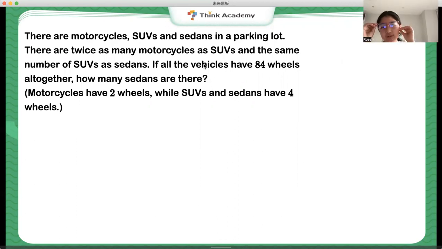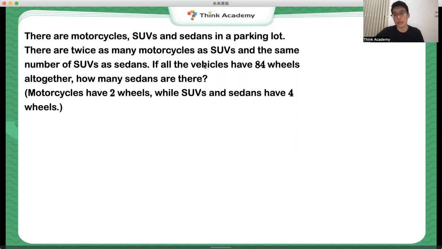Because each motorcycle has 2 wheels, but then there is double the amount of that, and each SUV and sedan is 4 wheels. So if you double it, then all 3 will be the same amount. Yeah, but then we're just looking at the numbers of each type of these vehicles. So obviously, according to the question, twice as many motorcycles as SUVs, which means that there's going to be more motorcycles than SUVs, right?